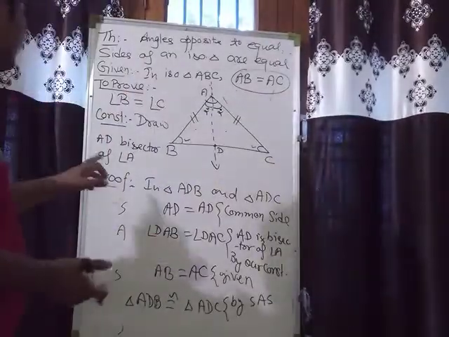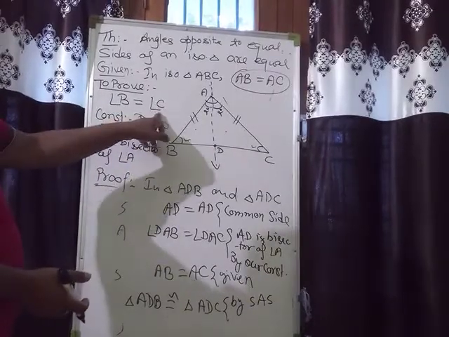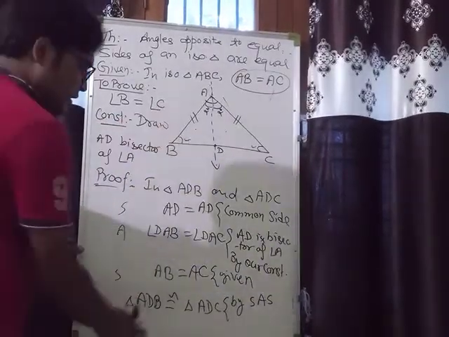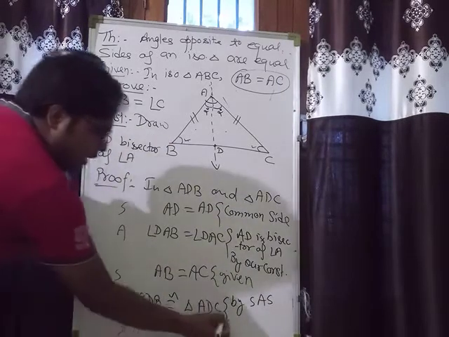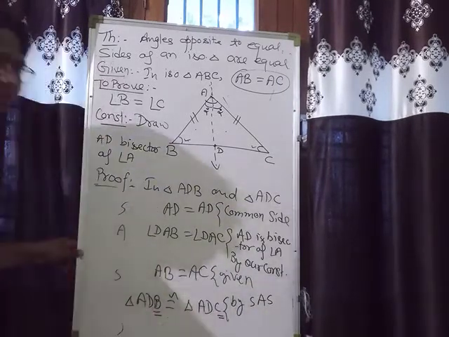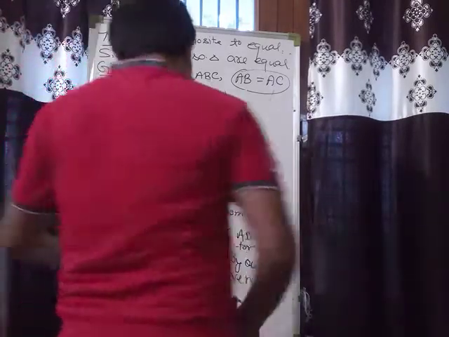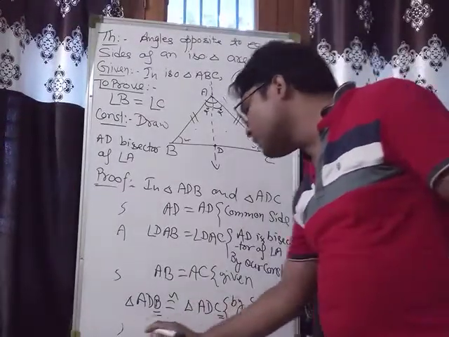Here we want to prove angle B and angle C are equal. See, these two triangles are congruent now. Now angle B and angle C are corresponding angles.